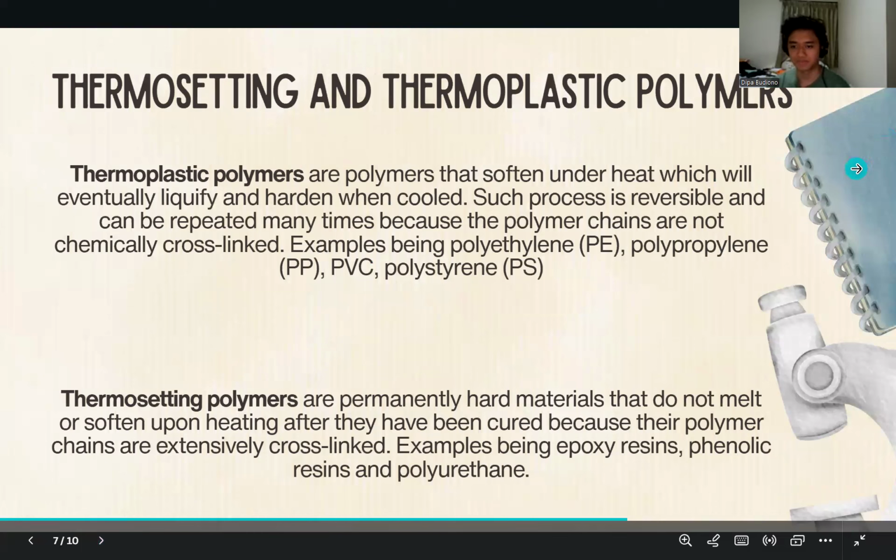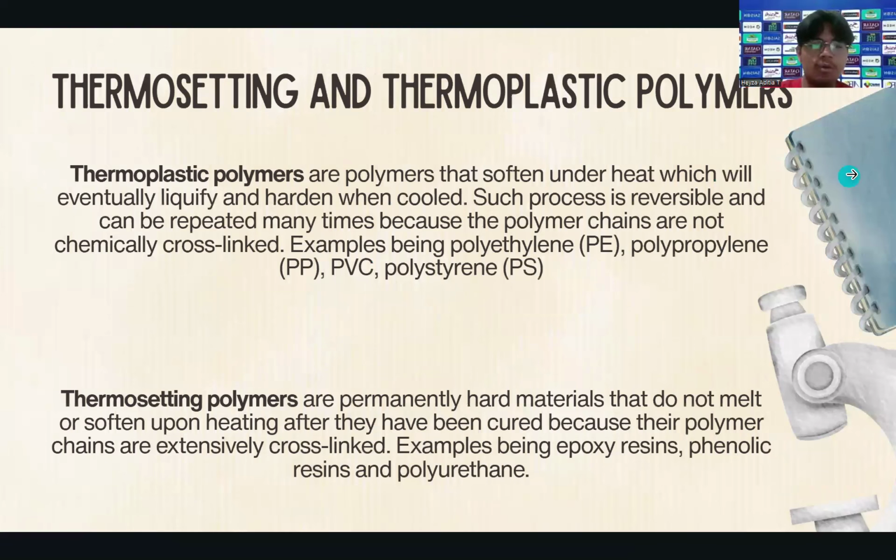Okay. So polymers are divided into two main types: thermoplastic polymers and thermosetting polymers. Thermoplastics are polymers that soften under heat, eventually liquefy, and harden when cooled. Such a process is reversible and can be repeated many times because the polymer chains are not chemically cross-linked. Examples are polyethylene or PE, polypropylene or PP, PVC, and polystyrene or PS.